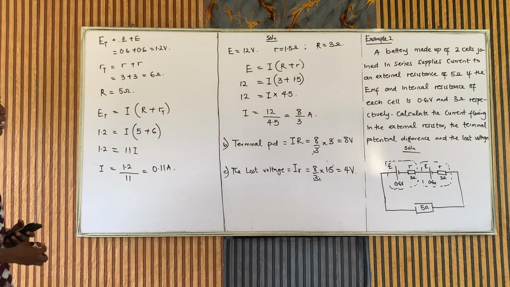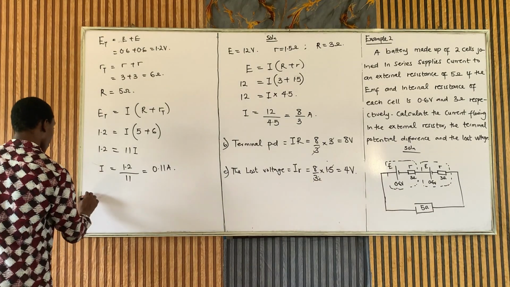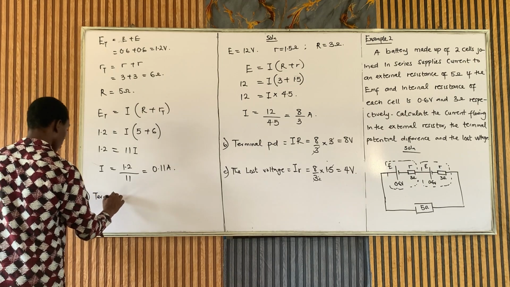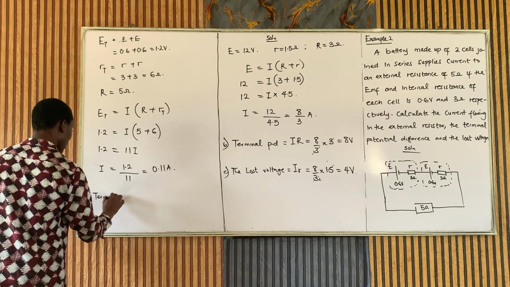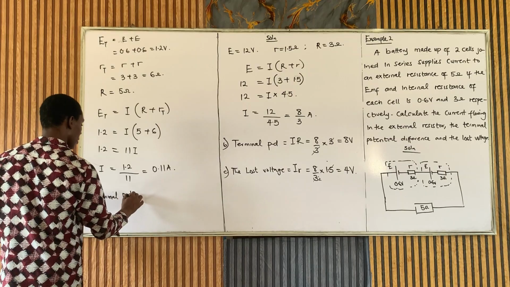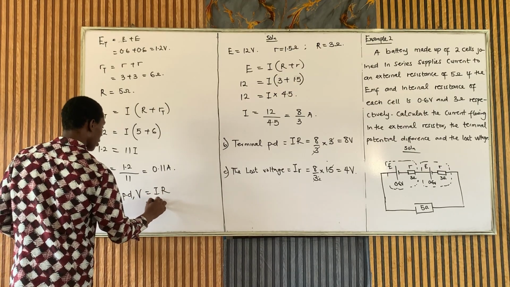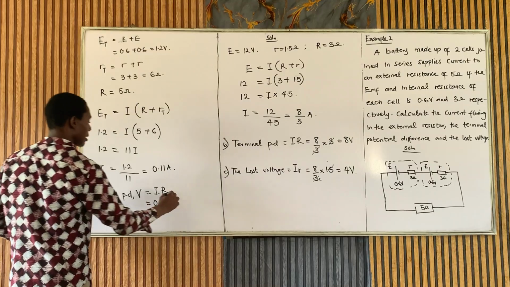Now the next thing we have to do is to calculate the terminal PD. So that's the second thing, terminal PD, is I times R. The I is 0.11, then the R is 5.